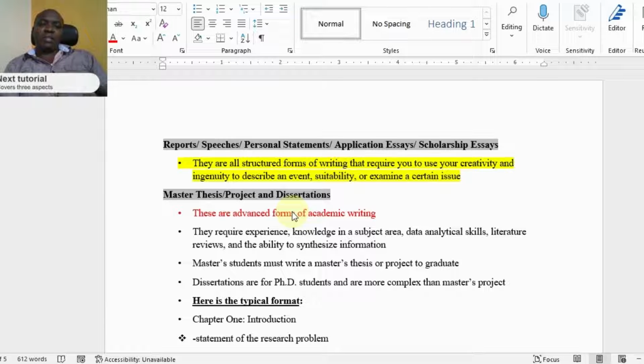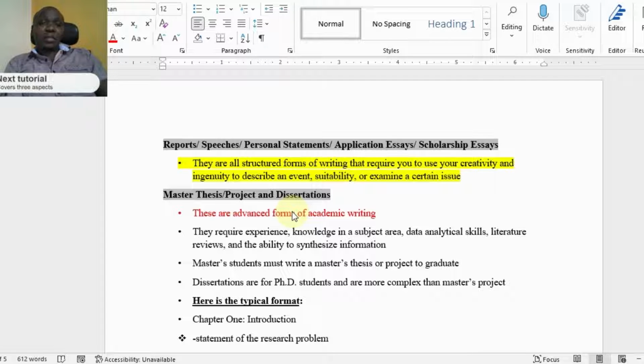They often require a certain level of creativity and skills. For instance, you have been told to describe an event, or suitability of a topic, or to examine a certain aspect of a topic, anything.